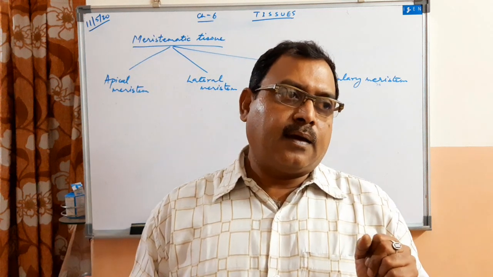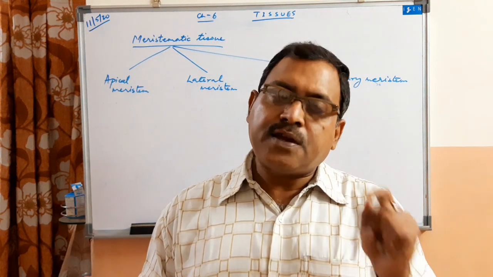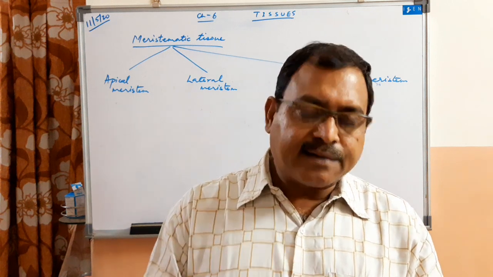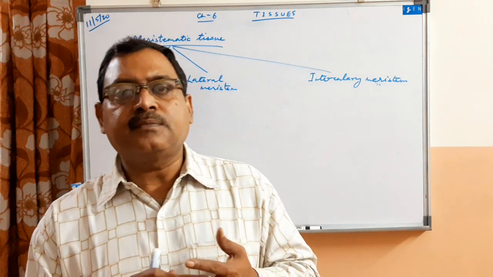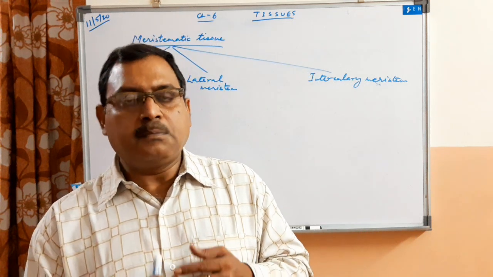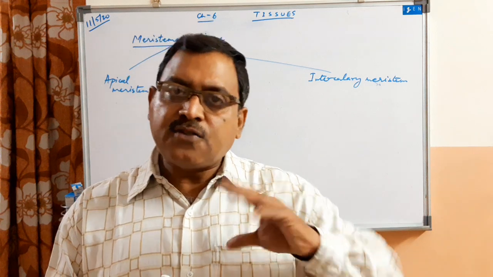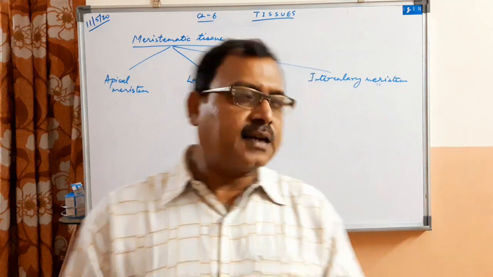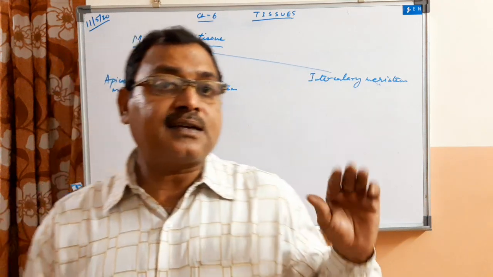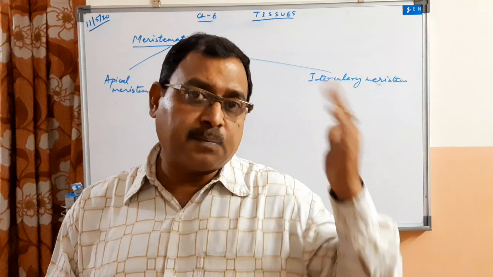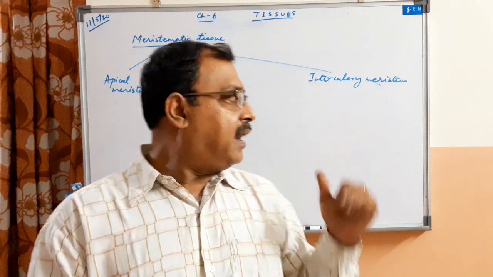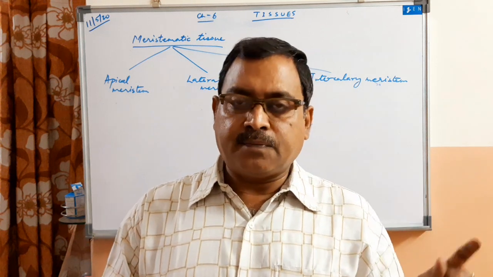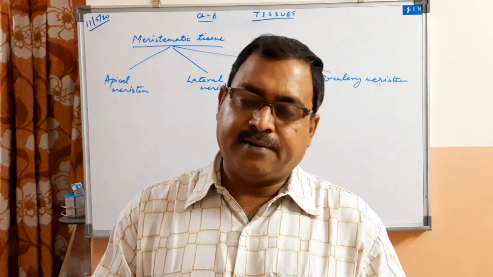So these three different types of meristematic tissue, that is apical meristem, lateral meristem and intercalary meristem, are found in plants, and this division into three categories is based on position. As I said, apical meristem is present at the tip of the stem or the tip of the root, lateral meristem on the sides, and intercalary meristem at the internode.